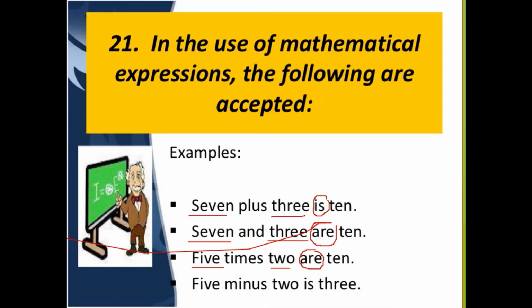However, if you are subtracting two numbers like 5 and 2, 5 minus 2 is 3, it must take a singular verb because it asks for a difference. What is the difference between 5 and 2? 3. So that's why the verb here is is and not are. So that is for rule number 21.